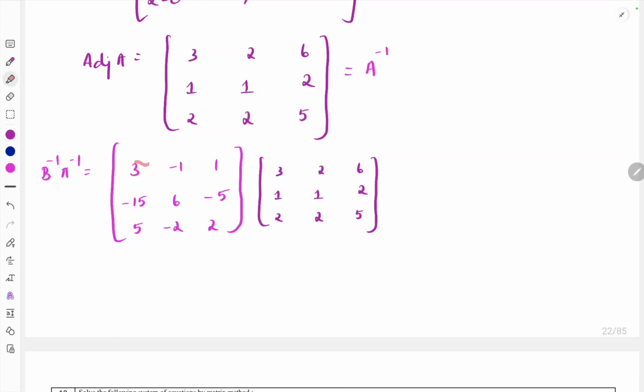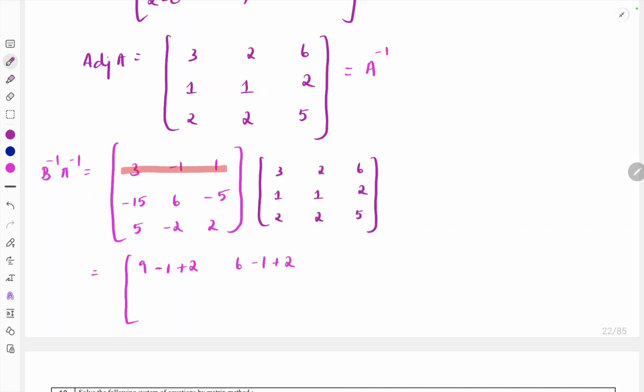So how to multiply first row with first column? So first row with first column is 3 3s are, it is 9, minus 1, next plus 2. So next first row with second column, this one. So now if we multiply this, 3 into 2 it is 6, minus 1, 1 into 2 plus 2.